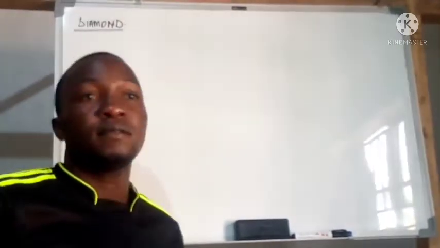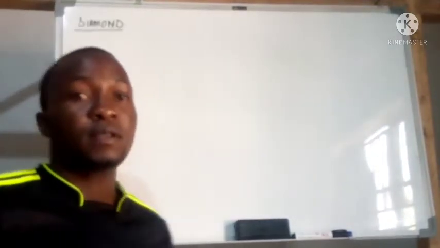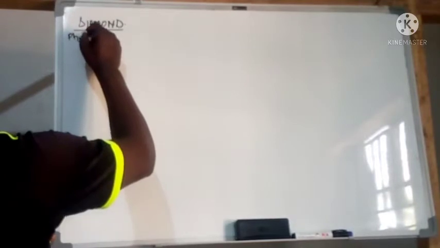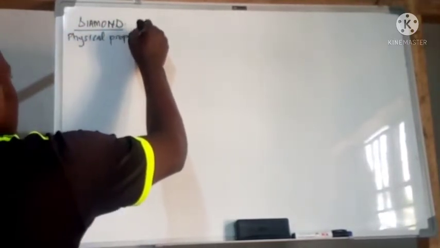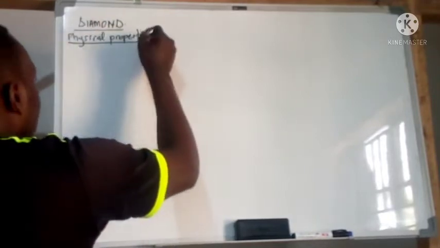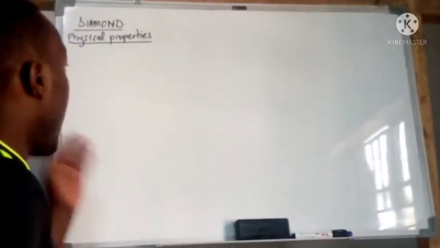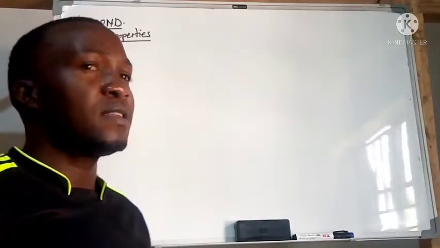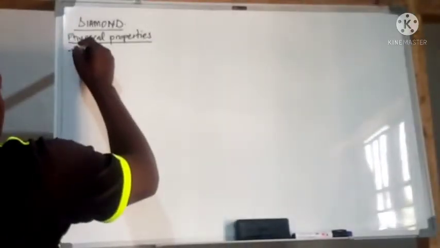and as an example of an allotrope of carbon, diamond, we are going to begin by looking at its physical properties. I'm sure you've watched very many movies dealing with diamond stones, and one of the things you've identified is that it has a crystalline structure.